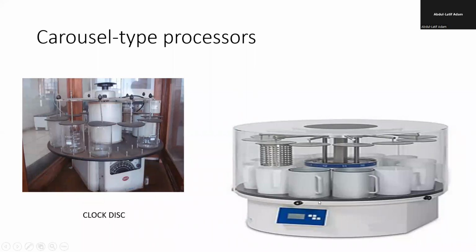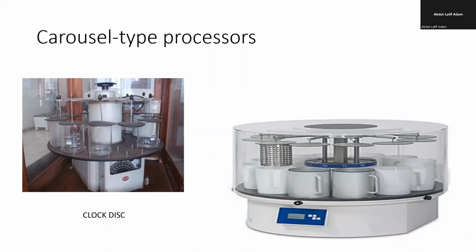But in the case of the digital, you have programs. So you can have program 1 for loose biopsies, program 2 for tiny biopsies, program 3 for dense biopsies. So when you set the program, every container is labeled 1, 2, 3 up to the 12th container. Let's say container 1 has 70%, how many minutes should it stay? 10 minutes, 20 minutes, you set it.